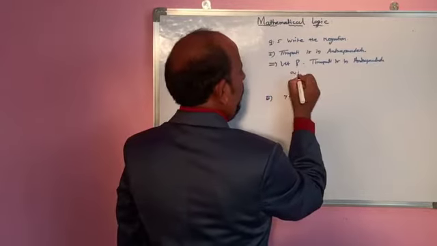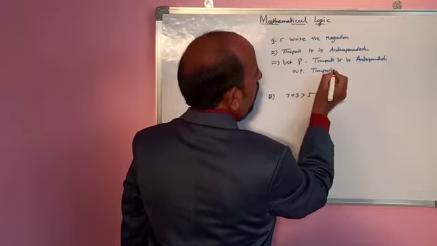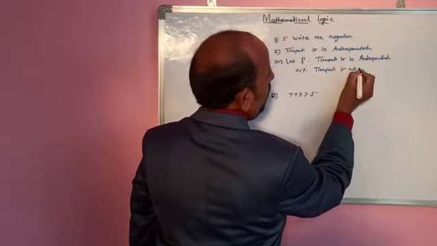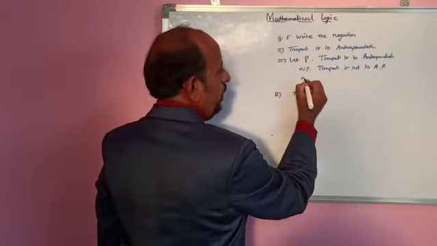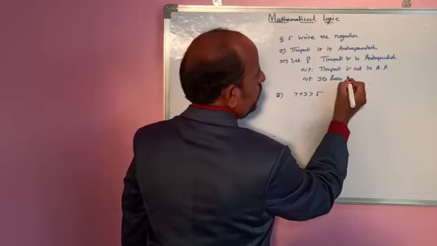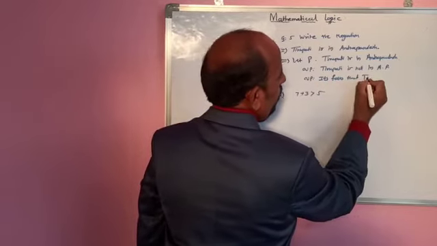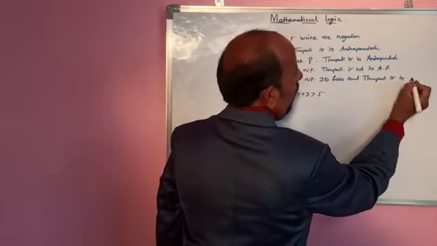Its negation, negation P, is: Tirupati is not in Andhra Pradesh. Or we can write negation P as: it is false that Tirupati is in Andhra Pradesh.